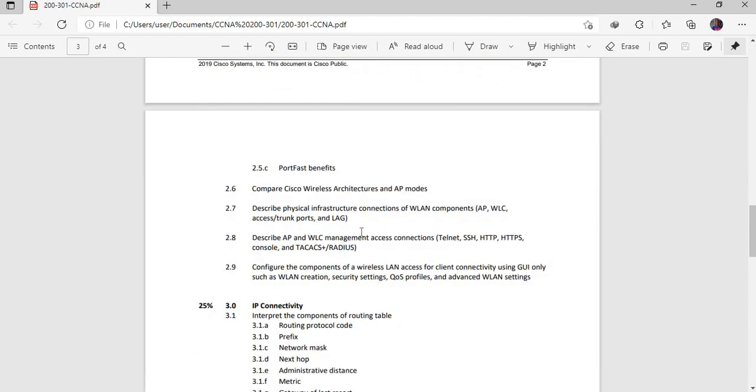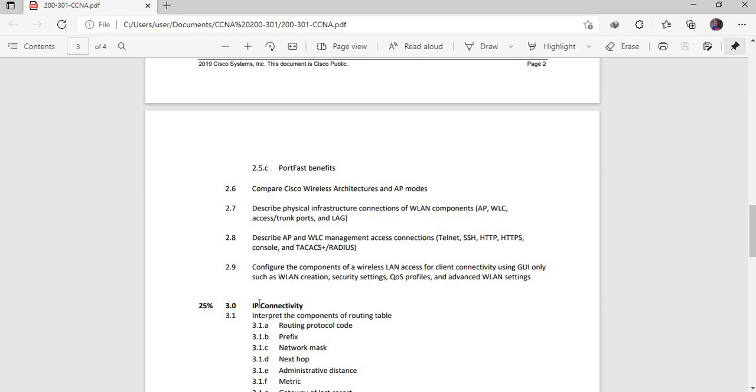We will describe physical infrastructure connections of wireless LAN components. We will look at AP and wireless LAN controller management, access connections, Telnet, SSH, HTTP, HTTPS, console, and TACACS and RADIUS. We will also configure the components of a wireless LAN.